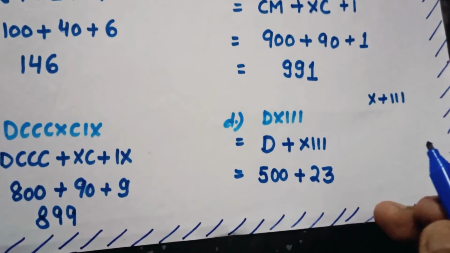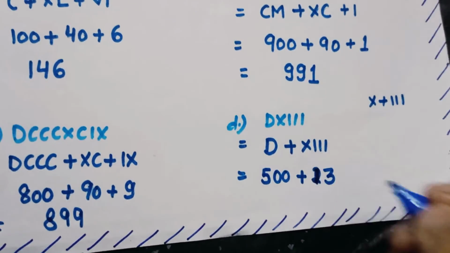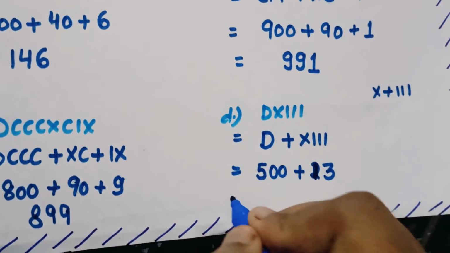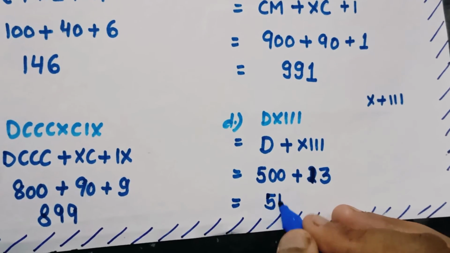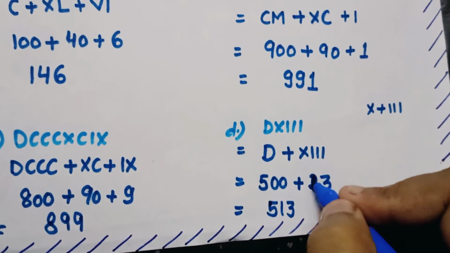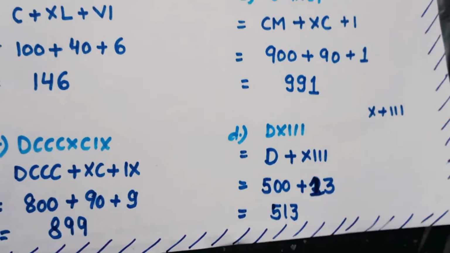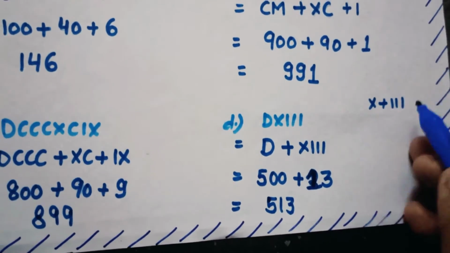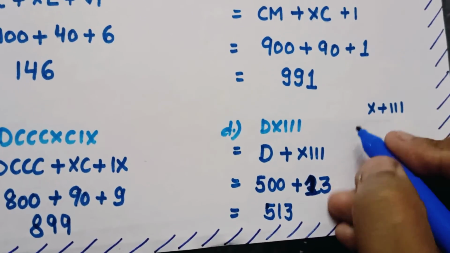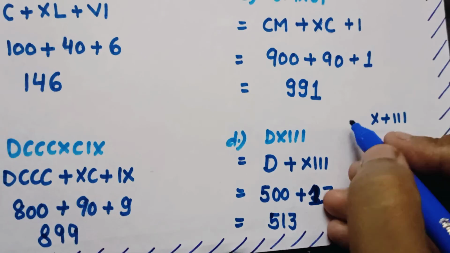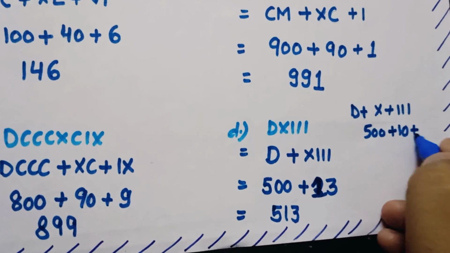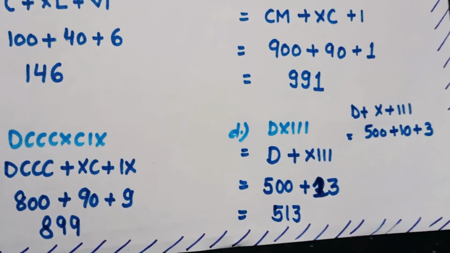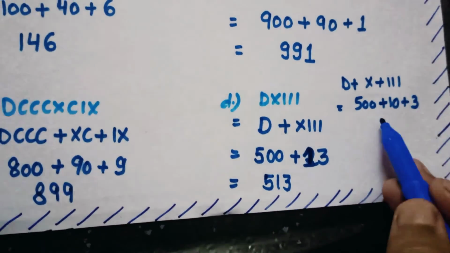So our answer will become 513. And if we write it like this, we would have written 500 plus 10 plus 3, and that is how we will get the same answer, 513.